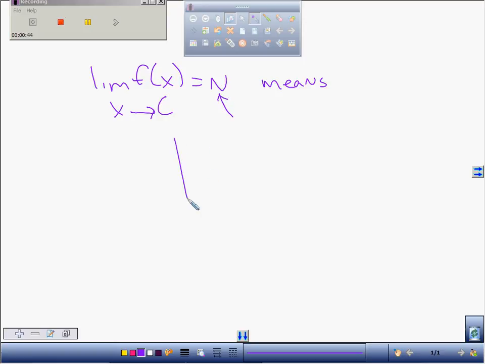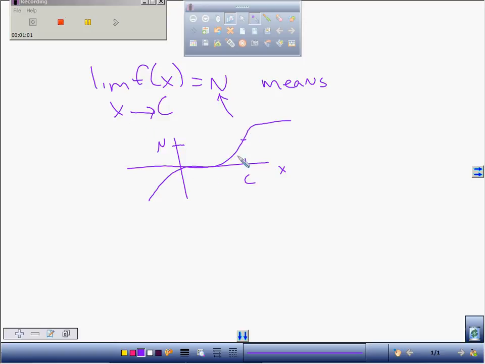So for example, in a graph, if you have some function that looks like this, and this is c, and over here you have some number n, and this is the x-axis. As x gets very, very close to this number c, do you see that I get very, very close to this number n? Good. And that's basically what a limit is.